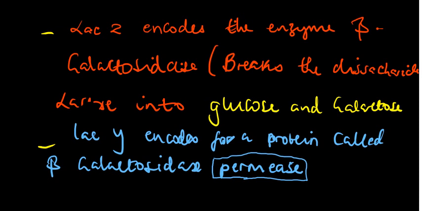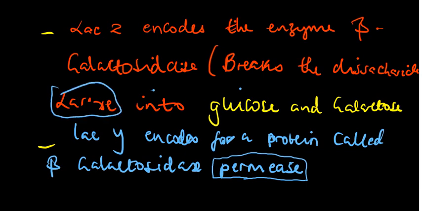So what the Lac Y gene does is that it enables lactose, or when it's broken down into glucose and galactose, in order for this glucose to be absorbed by the cell, it needs this beta-galactoside permease. So it pumps this lactose into the cell. That's where the permeability is coming from.